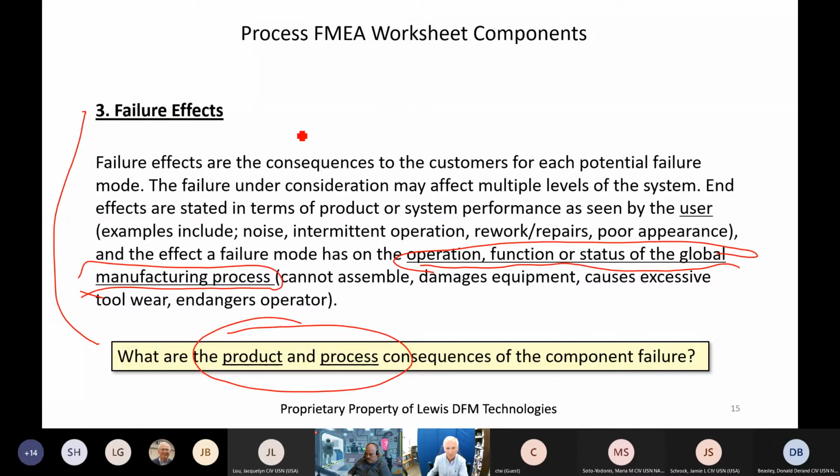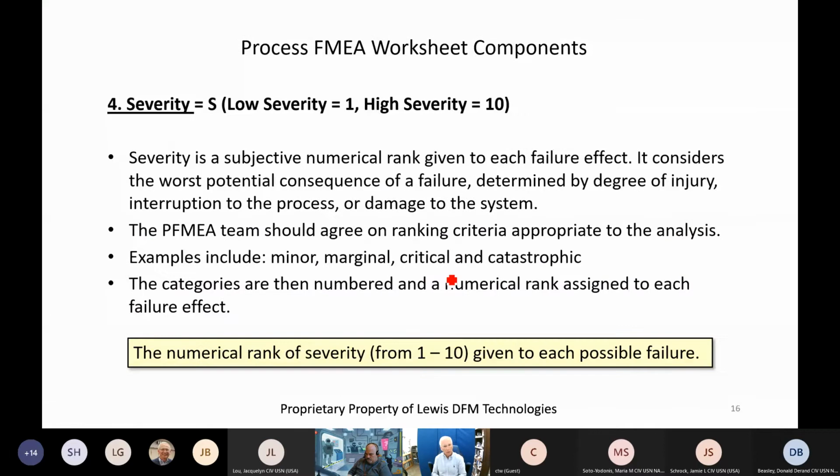Okay. So I'm moving on to severity. And severity is step 4, and it's one of those process steps that we're going to rate. And so severity is nothing more than the numerical rank from 1 to 10 of severity of the impact of the failure. Okay. If the severity of the failure is very low severity, we get a small number.